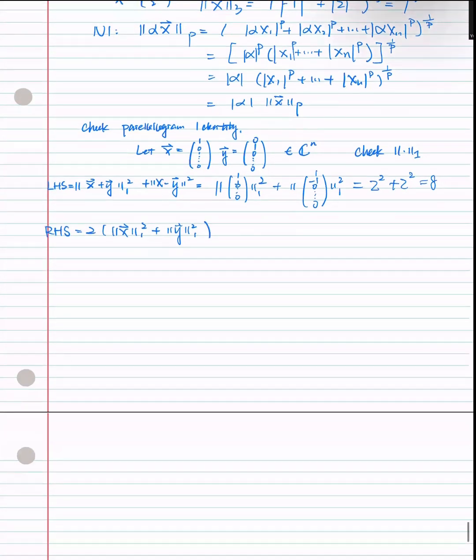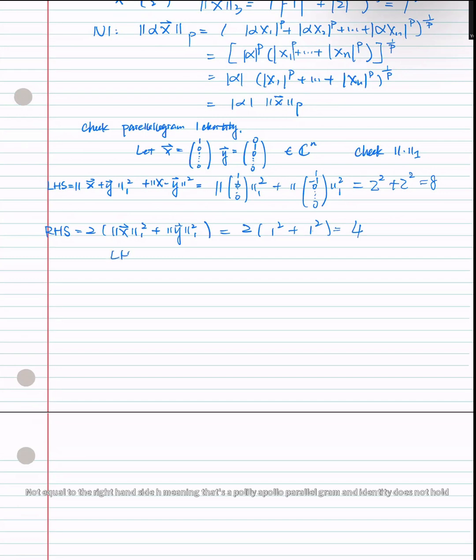And this would be equal to 2 multiplied by 1 squared plus 1 squared, that equals 2 multiplied by 2, that's 4. So we know that the left-hand side does not equal the right-hand side, meaning that the parallelogram identity does not hold.